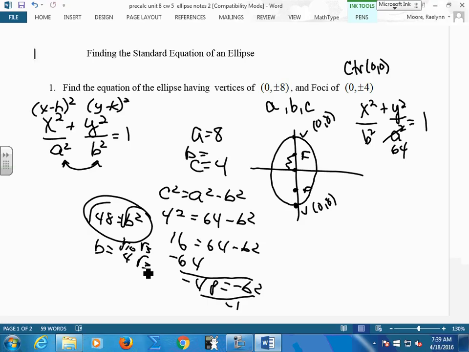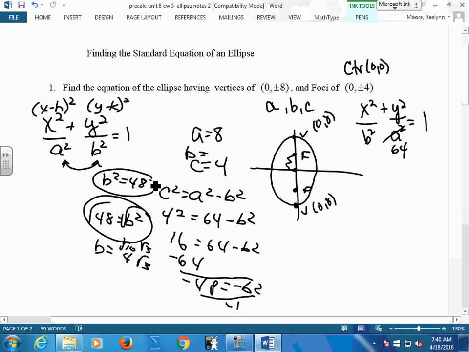So all that's important is that B squared is 48. You can do this, and when you plug this back in, you end up squaring it again. You end up saying 16 times 3, 48.